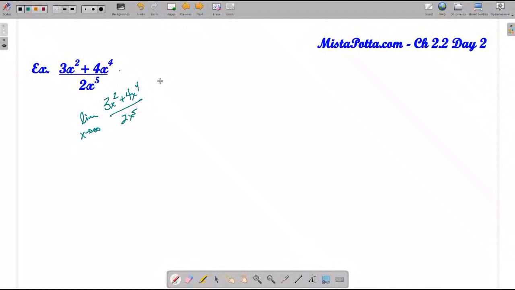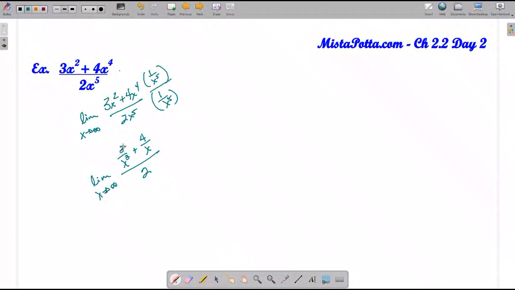Now I'm going to multiply my numerator and my denominator by 1 over x to the fifth, and that completely eliminates any dominant terms in the numerator. This ends up being 3 over x cubed plus 4 over x, all divided by 2, as x increases without bound.